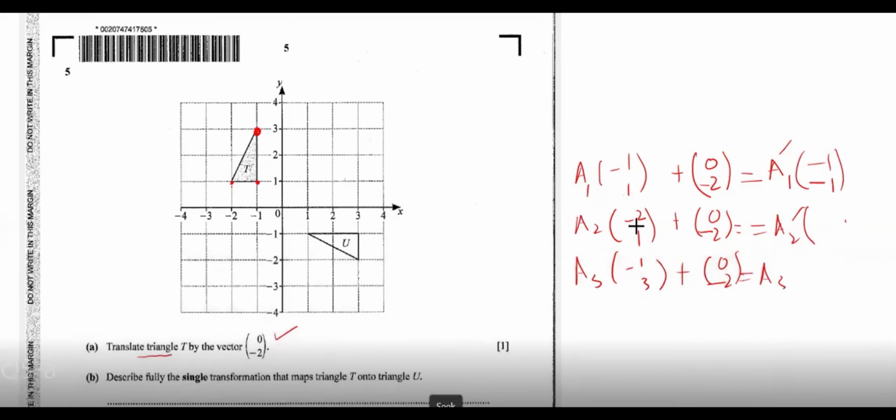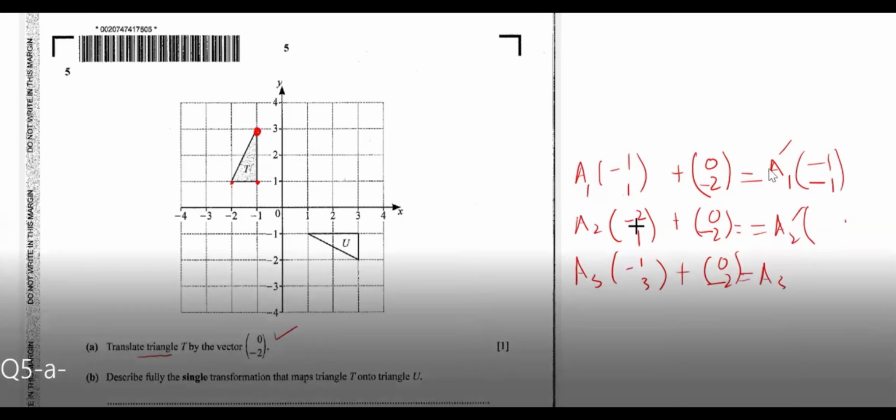Therefore, the image of A1 will be A1 dash, minus 1, minus 1. When we add 0 minus 2 to minus 2, 1, we get minus 2, minus 1. The image of A2 will be A2 dash, minus 2, minus 1. Next, we will add 0, minus 2 to the minus 1, 3 column vector. We get A3 dash, minus 1, 1.